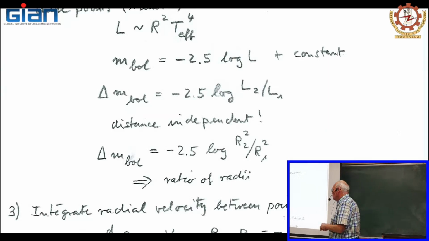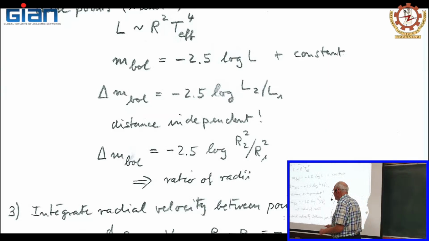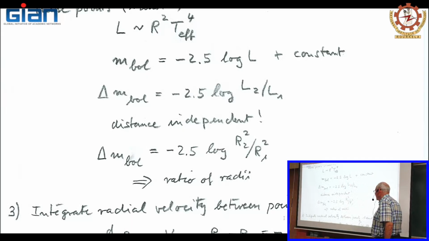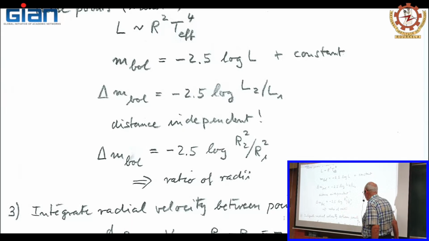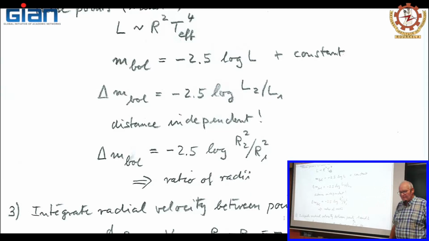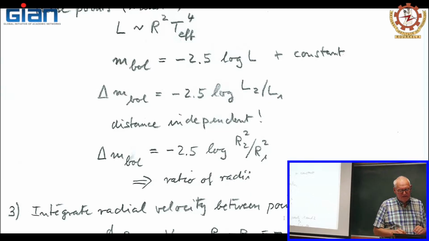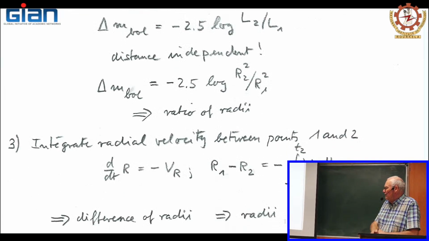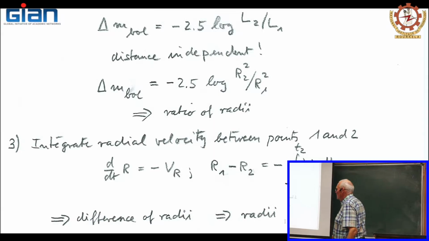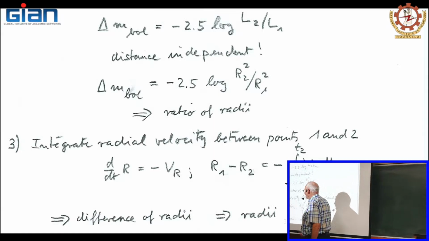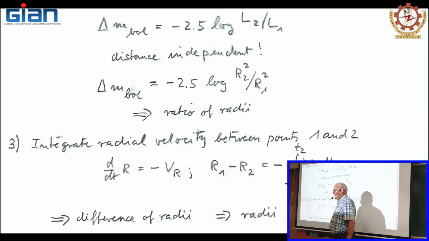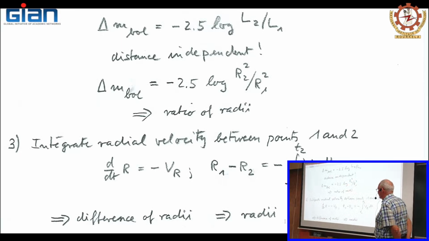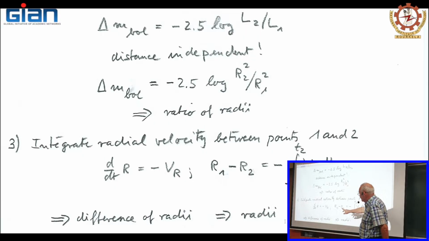Well, in order to get the radii themselves, we make use of the radial velocity curves, in particular between the points 1 and 2. That means we integrate the radial velocity curve with time. We know the time derivative of the radius is given by the radial velocity, d by dt of the radius equals minus the measured radial velocity.